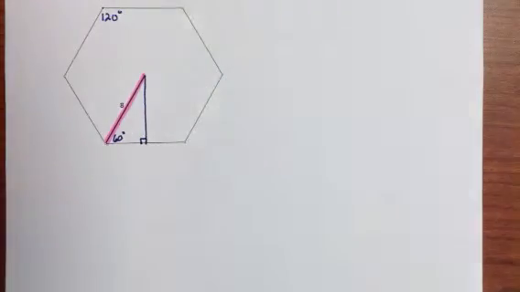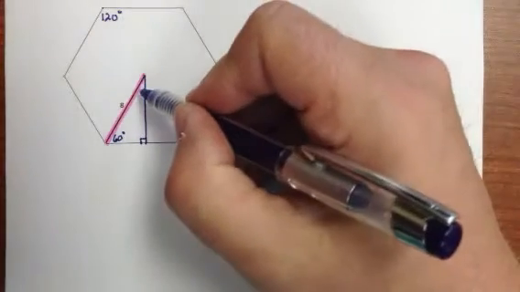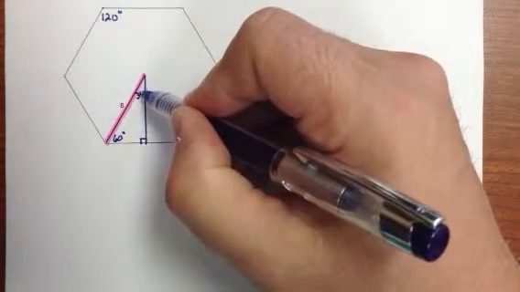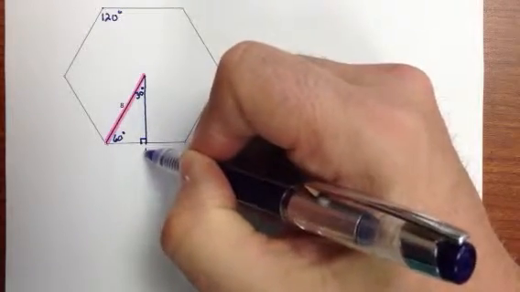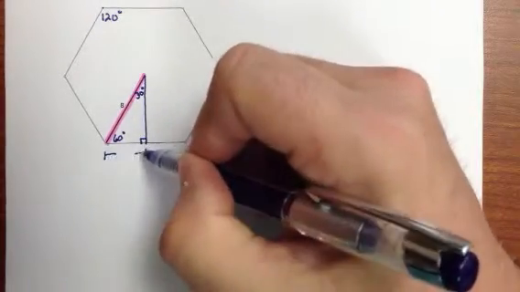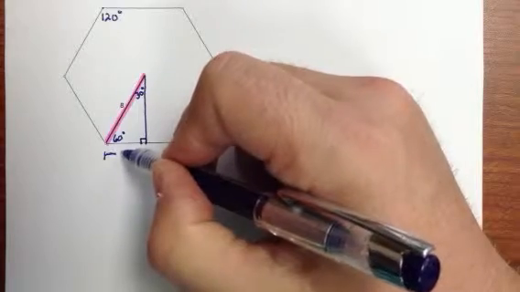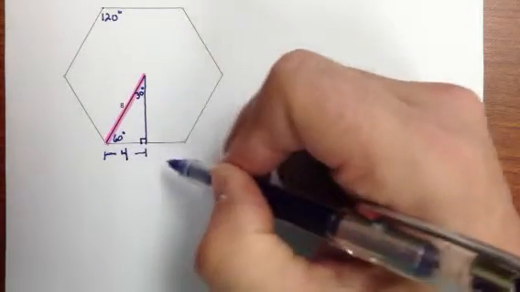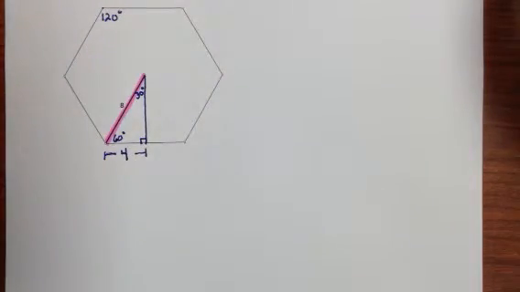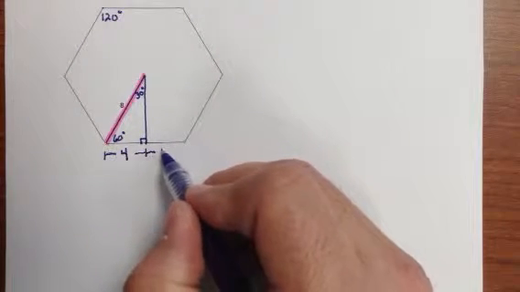For regular polygons, we're going to call that the apothem. And in this case, the short side is actually half of the length of the entire side of the hexagon. So if the radius is 8, that short side is 4, the other side is 4.